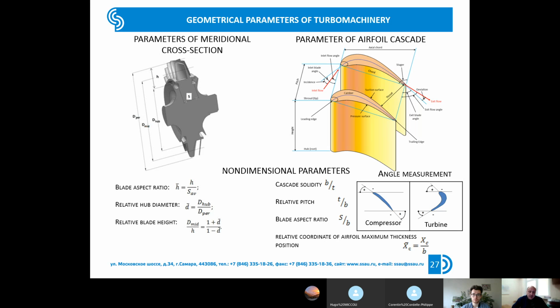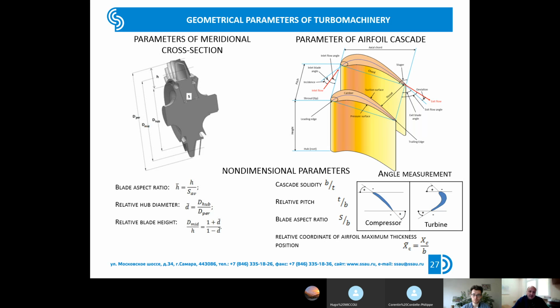That's why I will try to explain the definitions on the basis of axial compressors and turbines. Here you see pictures dealing with turbines, but maybe it is a good idea to draw the compressor as an example, but the definitions will be the same.